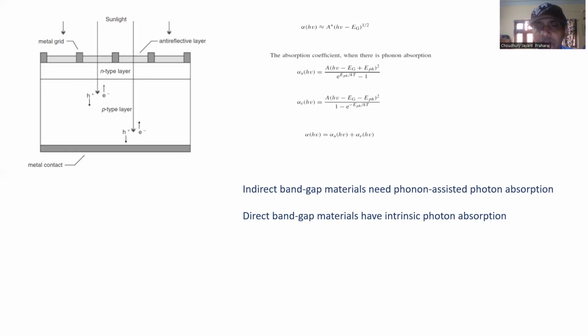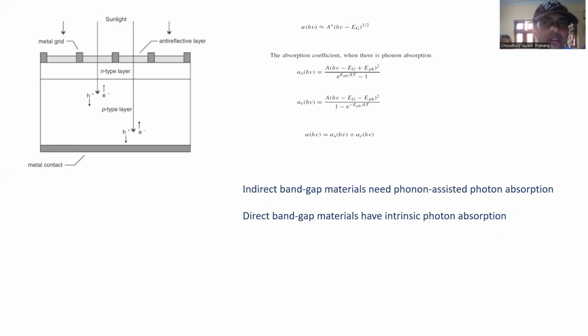So indirect band gap materials need phonon-assisted photon absorption. Those absorption coefficients are lower, and they have different device optimization. Now the direct band gap materials have intrinsic photon absorption. Now these indium gallium nitride alloy system is all direct band gap, and they have intrinsic photon absorption.